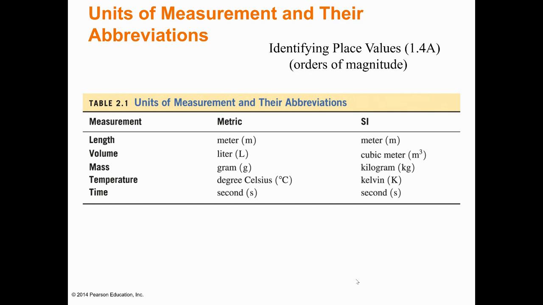Now, in the case of mass, normally if we were in a chemistry lab, which unfortunately you're not in this round, we weigh out a lot in grams. So it's going to feel like that's the official unit for us in science, because that's the quantity we usually measure out in chemistry. But officially, it's the kilogram.